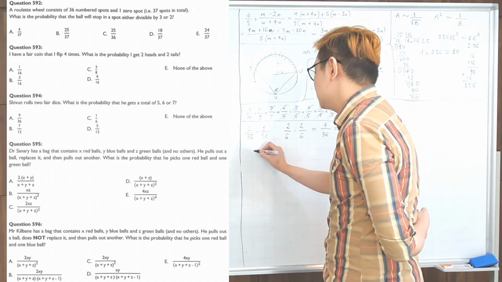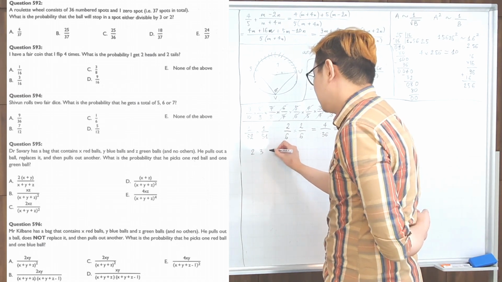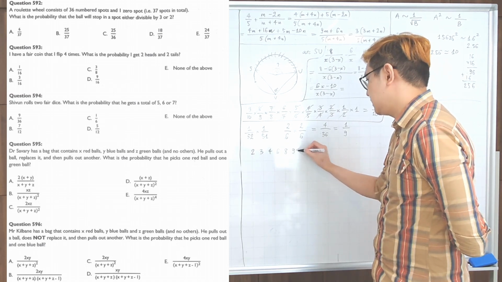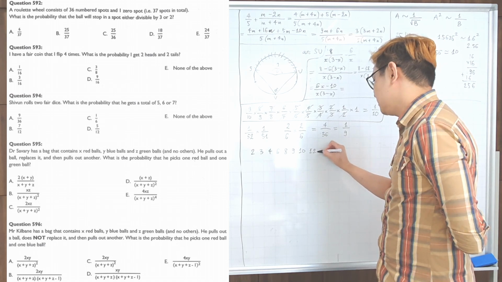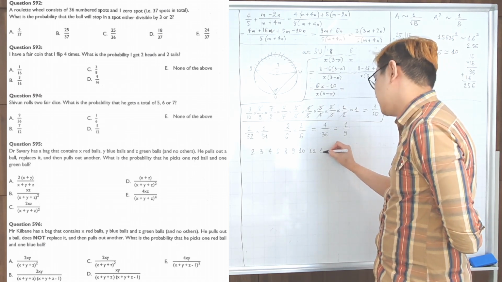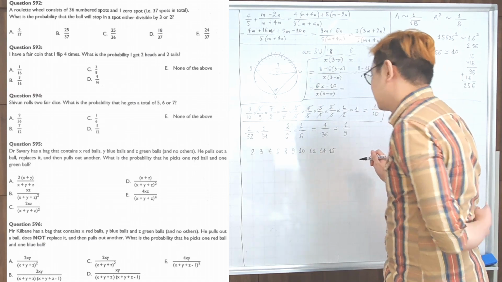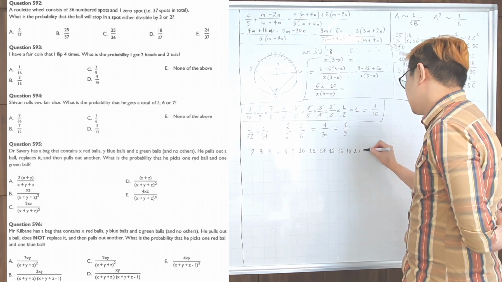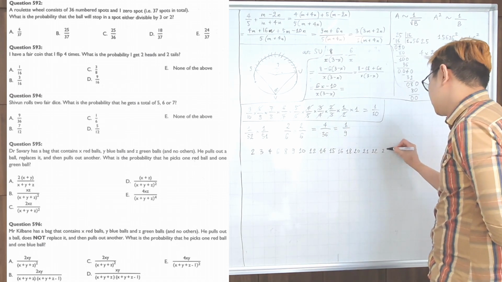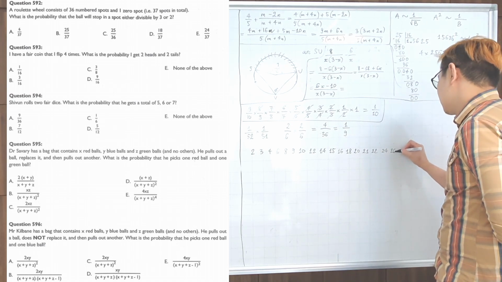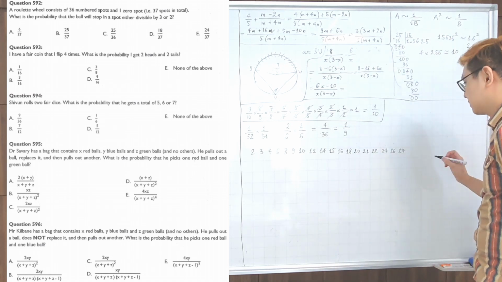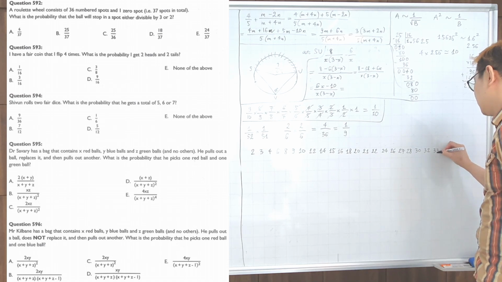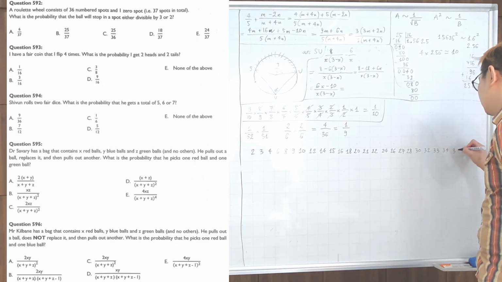First thing first, you have 2, 3, 4, 6, 8, 9, 10, 12, 14, 15, 16, 18, 20, 21, 22, 24, 26, 27, 28, 30, 32, 33, 34, 36.